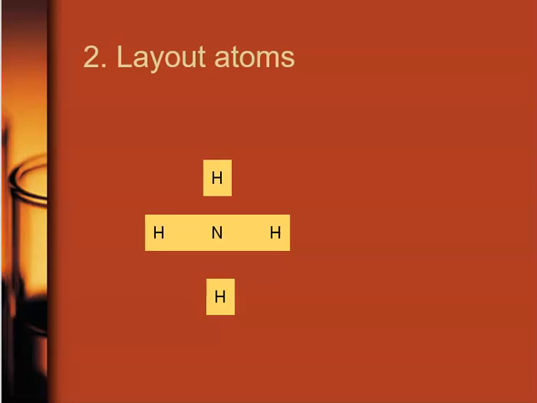Now, this is quite simple, so I'm not going to step it through bit by bit. I'm just going to talk you through as we go. The next step is to put a bond between each pair of atoms. So we've got 1, 2, 3, 4. That is 2 electrons in each bond, which is 8 electrons.